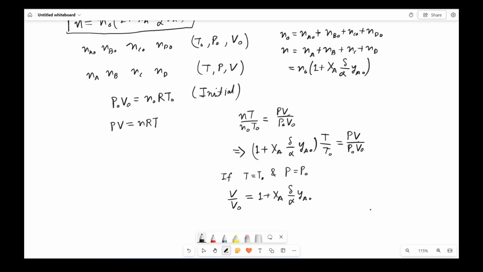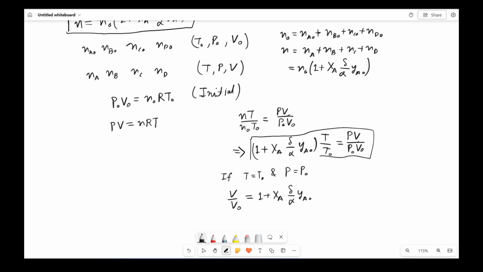This is a very familiar expression and we can see it in many textbooks. For this volume change at the same initial temperature and pressure, we can define the conversion or extent of reaction.